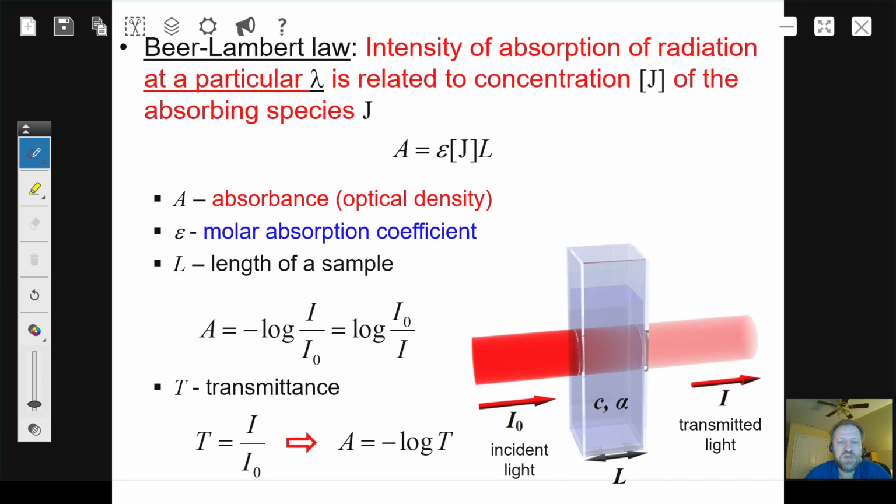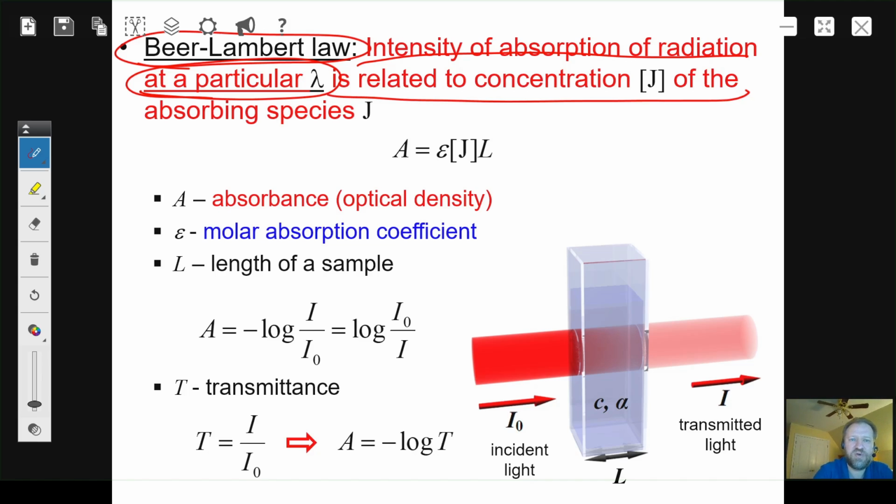Instead, we are analyzing all wavelengths at once, which of course is a huge help and saves a lot of time. So the spectrophotometric methods are all essentially based on some form of the Beer-Lambert law, or Beer's law. The idea is that the intensity of absorption of radiation at a particular wavelength, so absorption is a function of wavelength, is related to the concentration of the absorbing species.